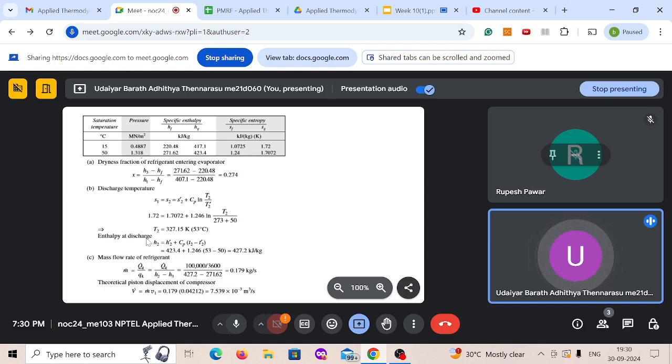Next is enthalpy at discharge. So H2 is the saturated vapor enthalpy at 50 degrees Celsius, 423.4, plus Cp into the temperature difference, we know the temperature at exit is 53, so 53 minus 50, and we come out with 427.2 kilojoule per kg. With that we can find out the mass flow of refrigerant.